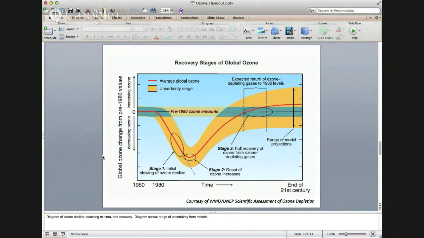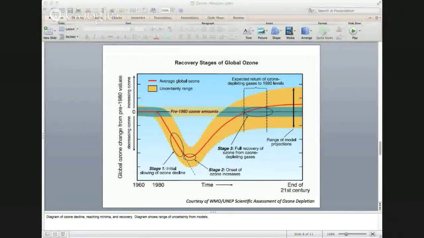We're just a little bit, 10 years, past that, but we're on that long slope upward of ozone recovery. As you can tell, the width of that orange band gets larger as we go forward in time, and that's indicative of the uncertainty, whether or not climate change has a role in the ozone recovery.